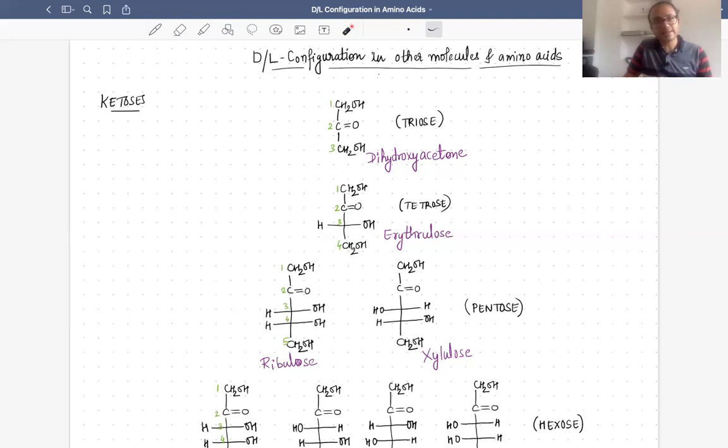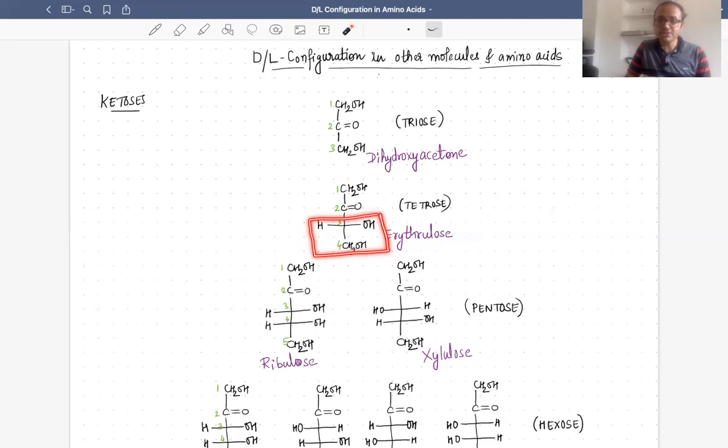Here again, the same way as we did for the aldose, we compare the highest numbered chiral center, or the penultimate chiral center. In both ways, this is the chiral center that we compare, and this looks pretty similar to the glyceraldehyde.